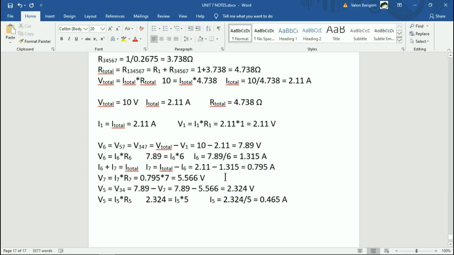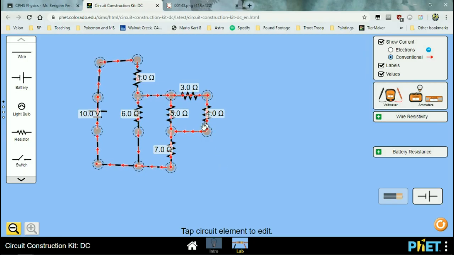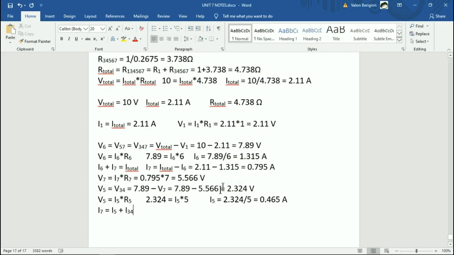So in other words, I7 equals I5 plus I34. Okay, those currents add up. This current plus this current equals this current. So we have I7, that was 0.795, and we have I5, which is 0.465, plus I34.